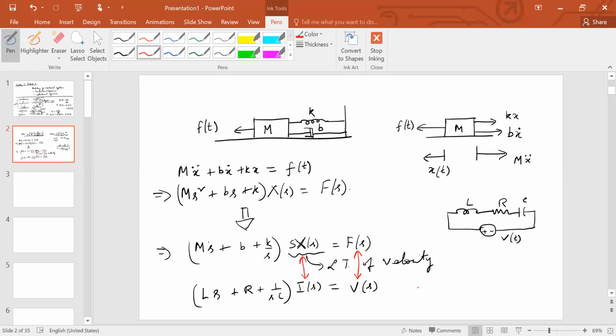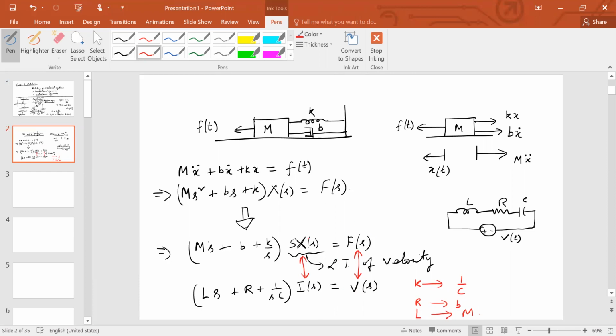So the K is equivalent to 1 over C, that's the spring. Just that you have to remember the relation. The R is equivalent to the damping coefficient, and the inductor is equivalent to the mass. So this is a one-to-one equivalence.